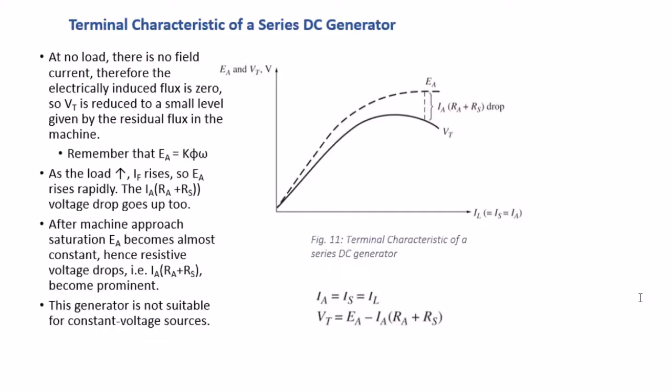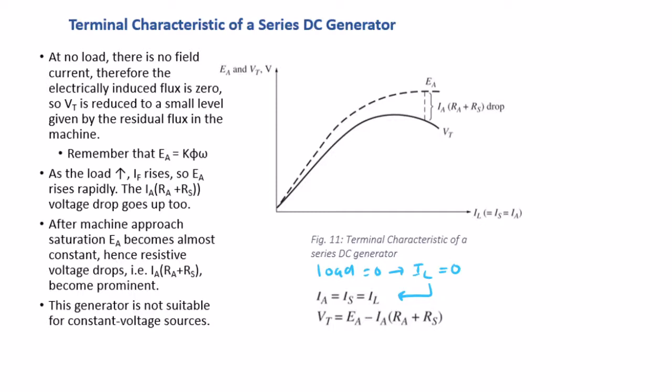Okay, how does the terminal characteristic of this series DC generator look like? At no load, there is no field current. When the load is 0, IL, the line current, is also 0, and therefore all these currents become 0: IA equal to IS or IF, and also equal to IL.